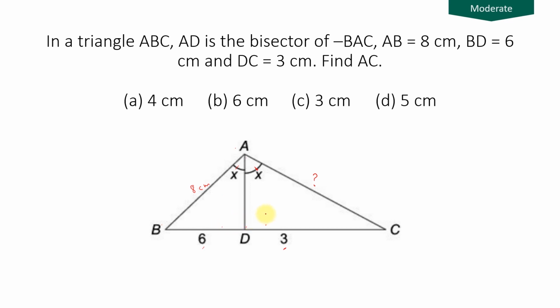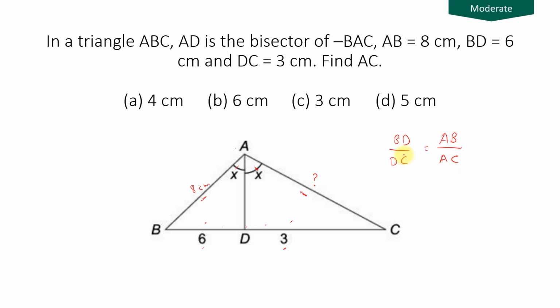So ratio of BD upon DC will be equal to AB upon AC. So we just have to write this equation, BD upon DC is equal to AB upon AC. So this is from the angle bisector theorem.